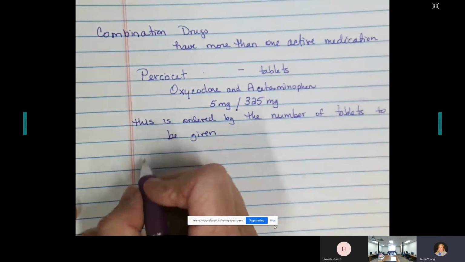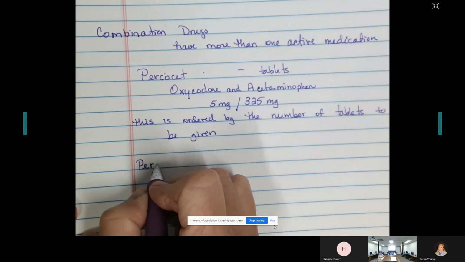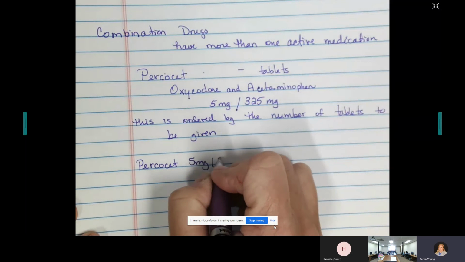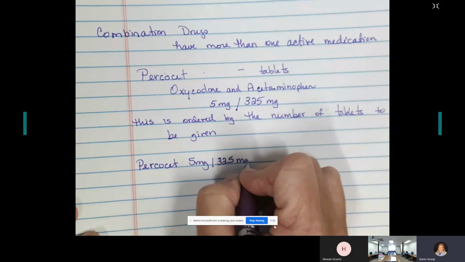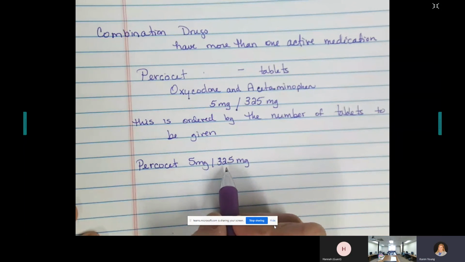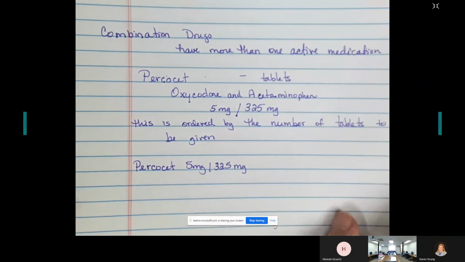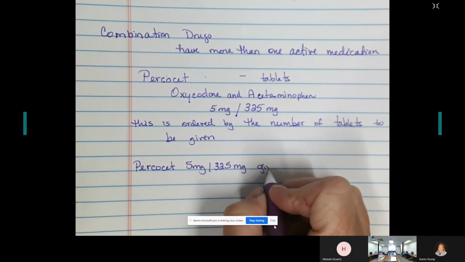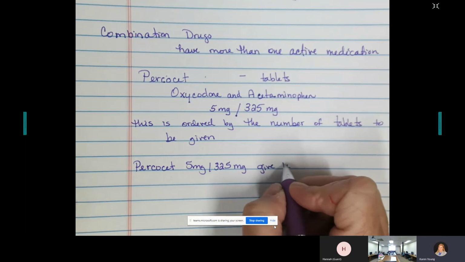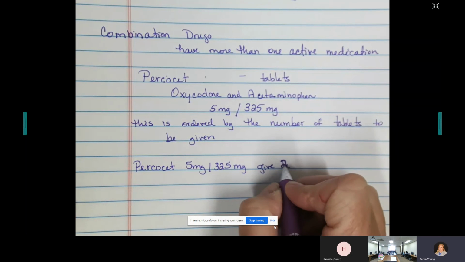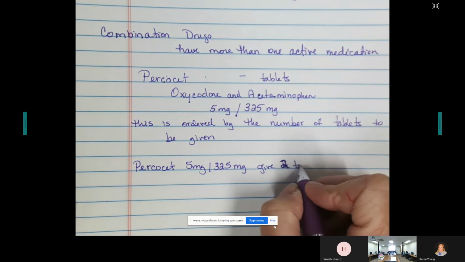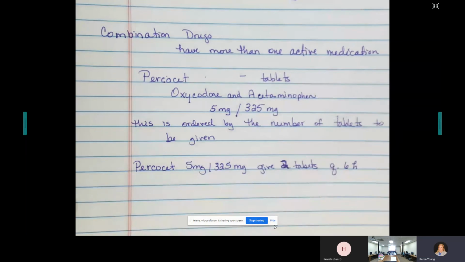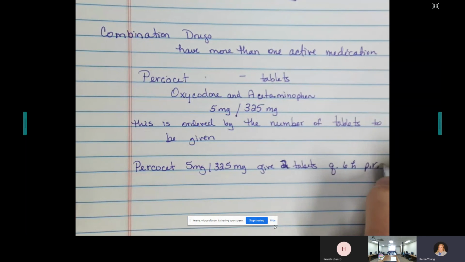So the doctor may write an order: Percocet 5 milligram per 325 milligram, give 2 tablets every 6 hours as needed, PRN.